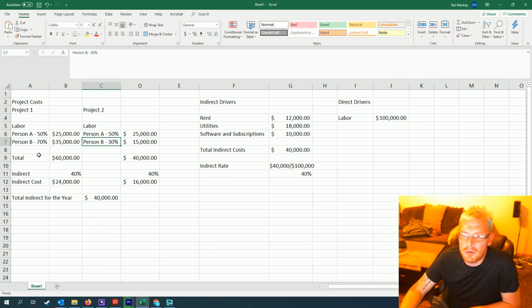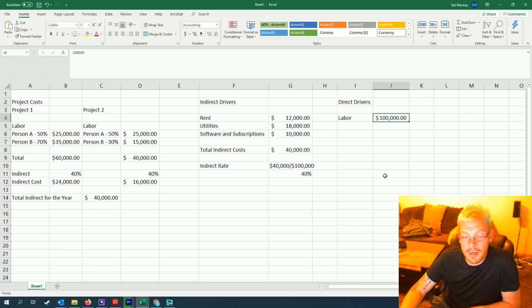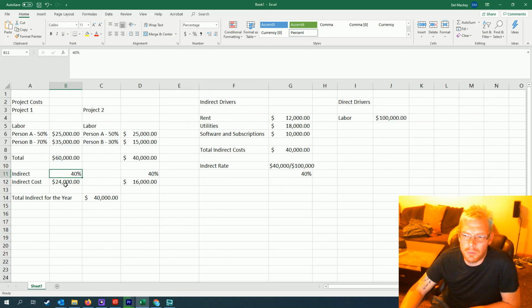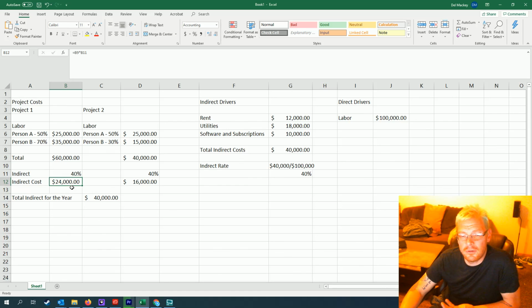So your total direct cost for project one is $60,000, and your total direct cost for project two is $40,000. If you add these together, you'll see that you get your direct driver, which is $100,000. Now, if you put your indirect rate of 40% onto project one, you're going to get $24,000 in indirect costs.